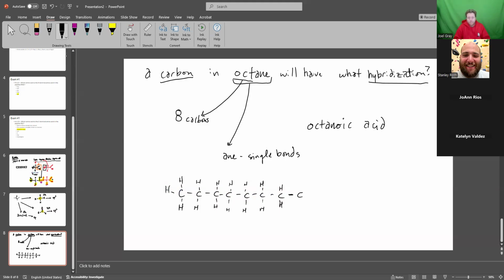Now, for this specific molecule, octanoic acid, I would show you that structure. And I would point to a carbon and say, what's the hybridization of this? That's the way that I would ask this sort of question. Or I would use the name octanoic acid.